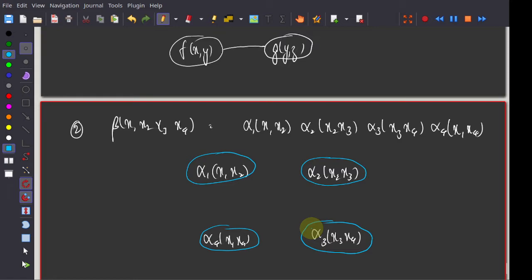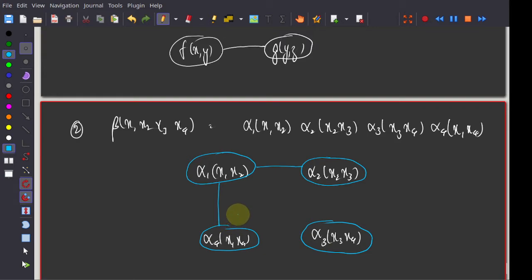Let's look at the first variable, x1. The subgraph corresponding to functions which contain x1 should be connected. Which are the vertices? The first and the fourth. So alpha 1 and alpha 4 should be connected, so let's draw an edge. Now x2: alpha 1 and alpha 2, so let me draw an edge.